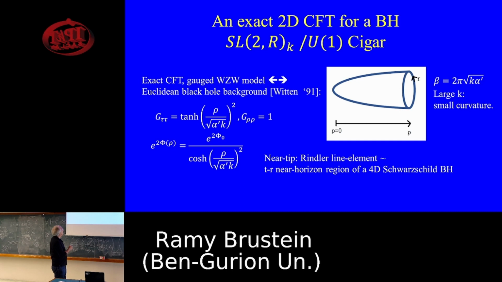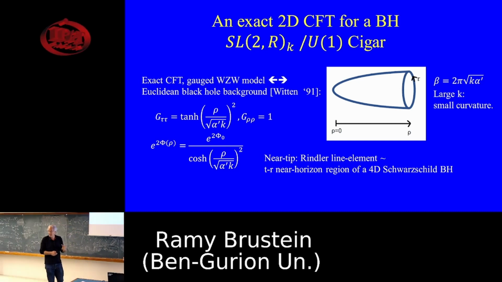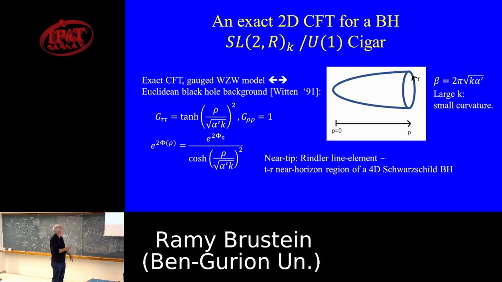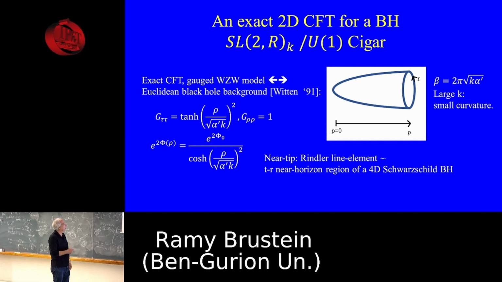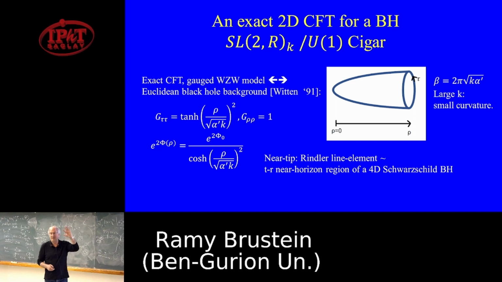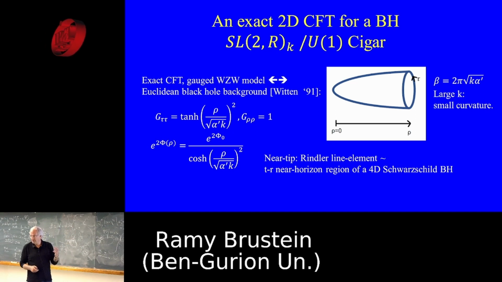So now I do something similar, but my starting point is a 2D theory, the well-known SL(2) at level k, which is related to the 2D black hole. You can think about it as some dimensional reduction if you, like me, don't like 2D very much. But it's okay to think about it as a 2D example.